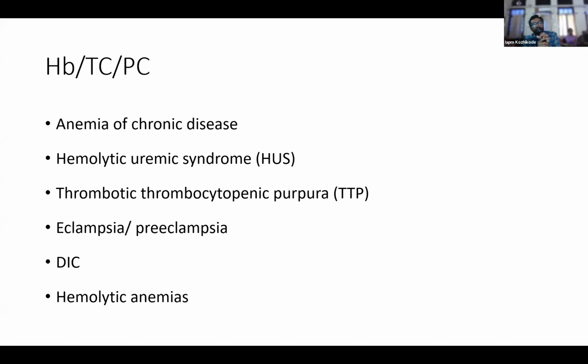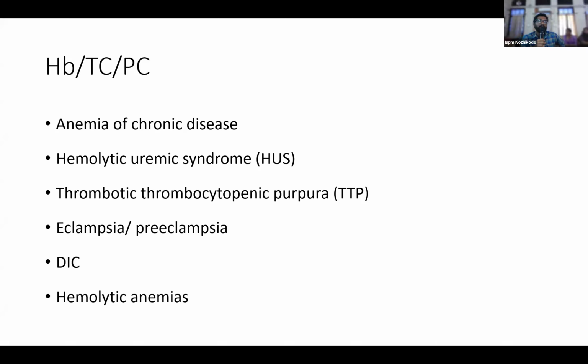And some information we can get from the CBC also. Okay. For example, any chronic renal patient may have normocytic normochromic anemia. But if there is a sudden onset of renal failure, and I am seeing anemia, then I will be a little concerned.